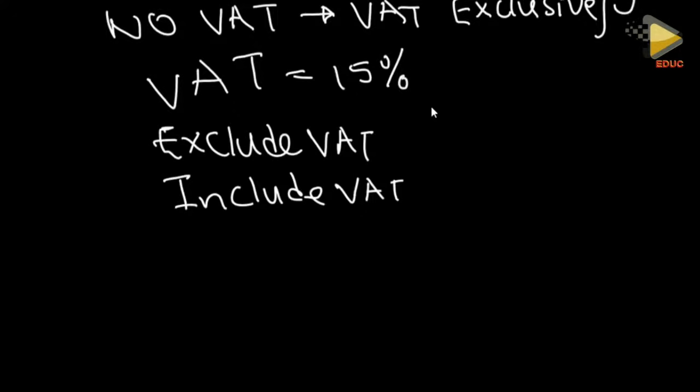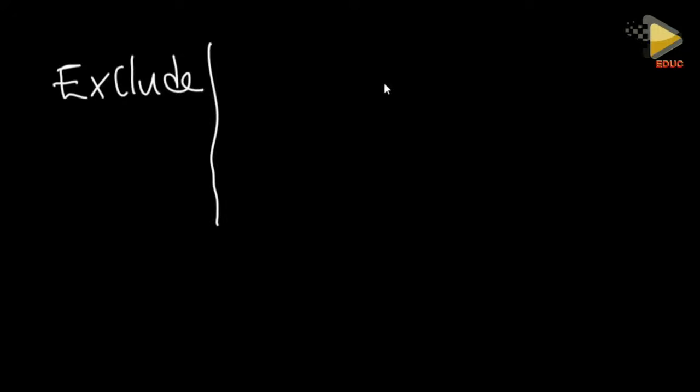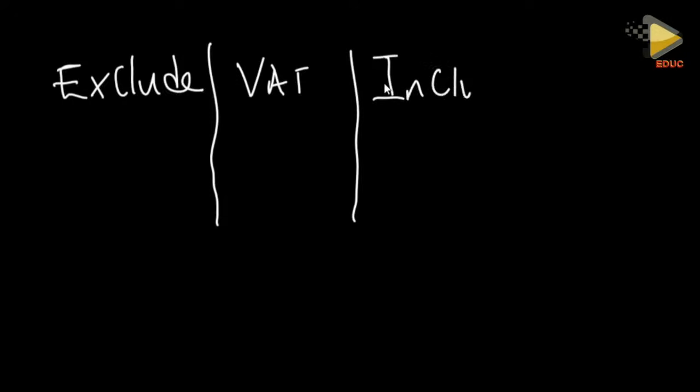But what I want you to know now, let me summarize it for you. When the price of any good has VAT, at first I will write exclude here. Then I will have my VAT. Then I will have my include.